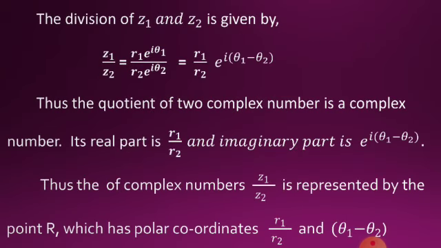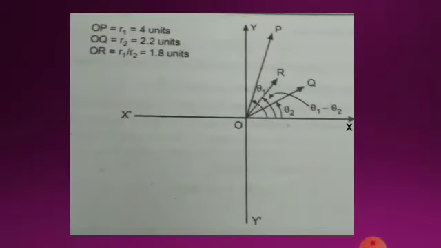Thus the complex number Z1 by Z2 is represented by the point R shown in the figure, which has polar coordinates r1 divided by r2 and theta 1 minus theta 2.